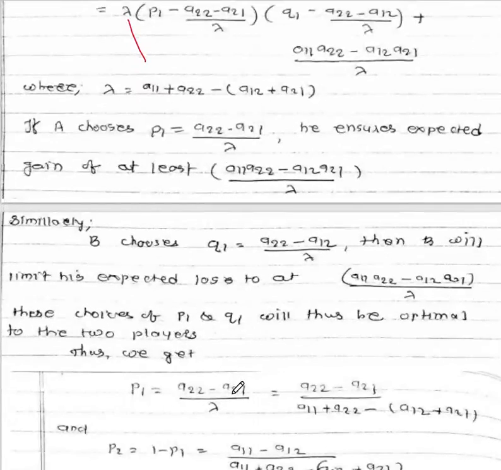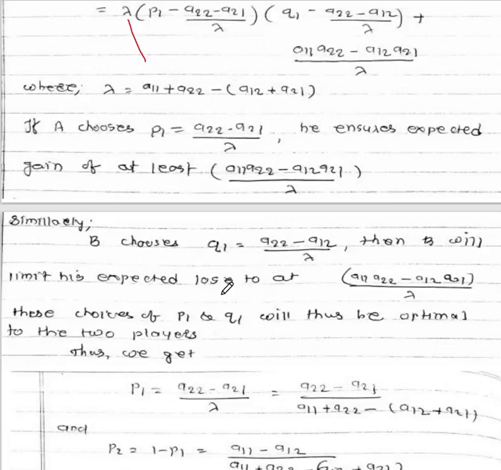Similarly, if player B chooses Q1, that is A22 minus A12 divided by lambda, then B will limit his expected loss to at least A11 A22 minus A12 into A21 divided by lambda. So this is the expected loss for player B if B chooses Q1.